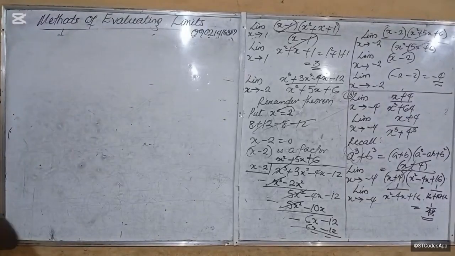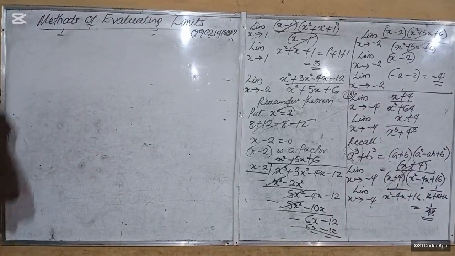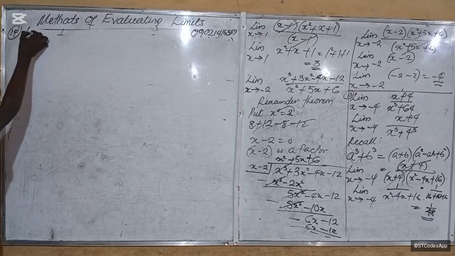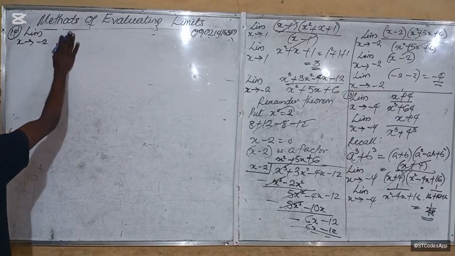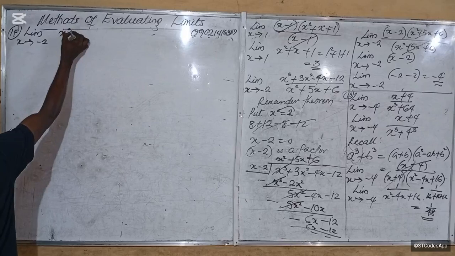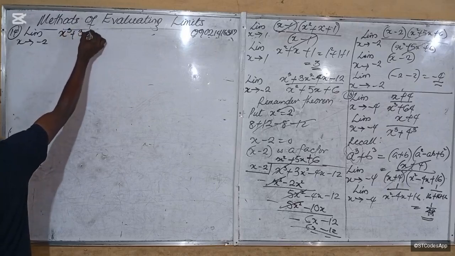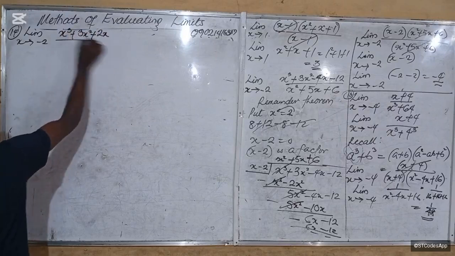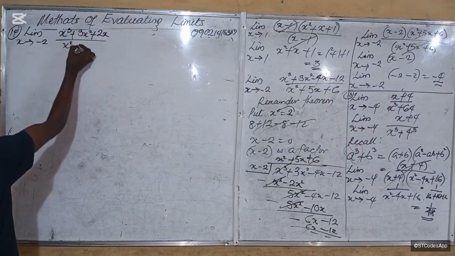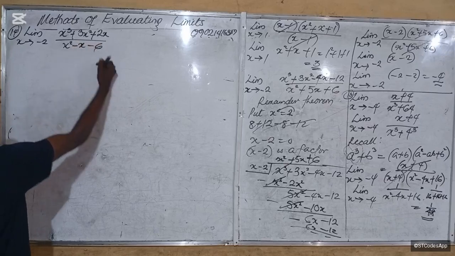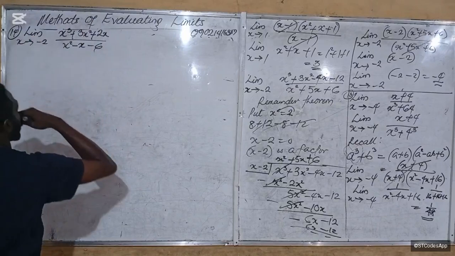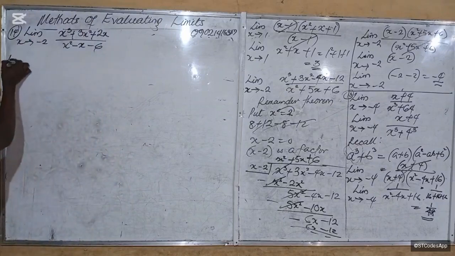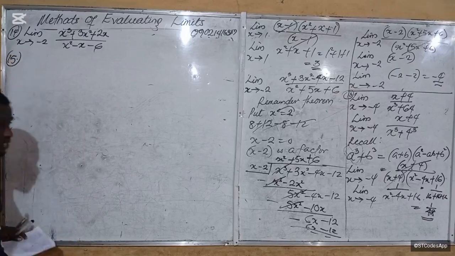Let me copy some questions here, then you solve and put the answer in the comment section. So we have number 14 says the limit as x approaches minus 2. So you will solve this one. I think it's quite simple. x cubed plus 3x squared plus 2x all over x squared minus x minus 6. What I would advise you to do first is factorize the top. Just factor x out and see what you have. So by the time you do that, put your answer in the comment section below.